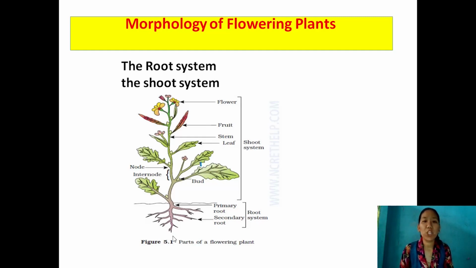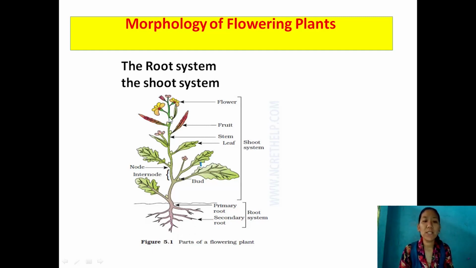The radicle develops into the root system and the plumule develops into the shoot system. So here the root system develops from the radicle. The first root is the primary root, and this primary root branches to form secondary roots, tertiary roots, and so on. So this root system is underground.